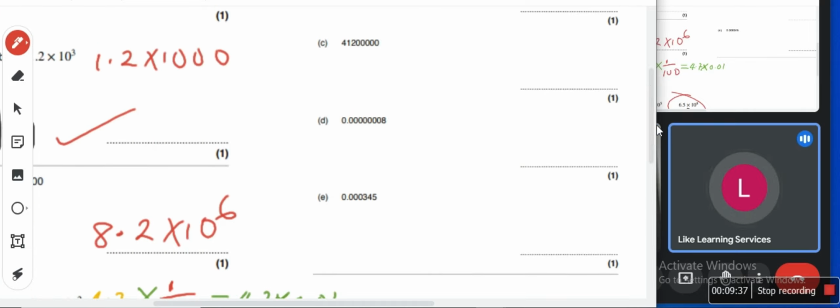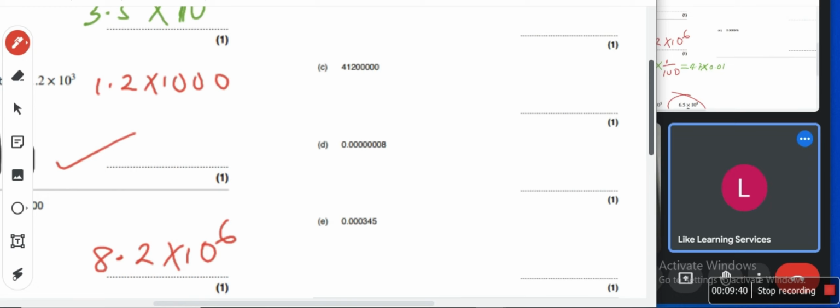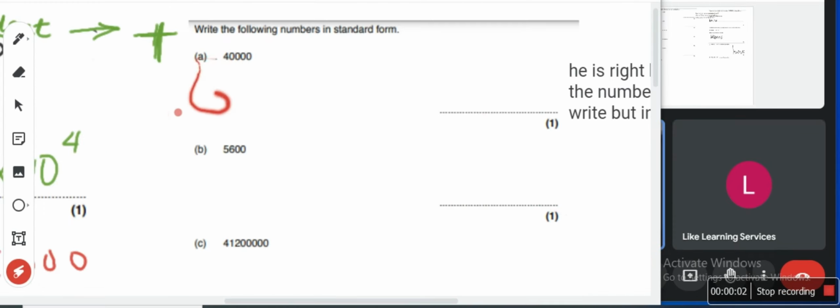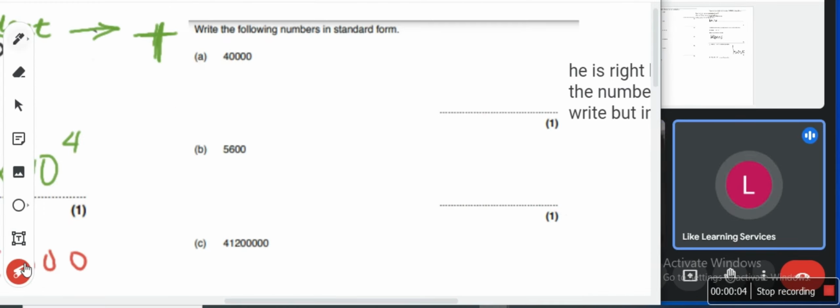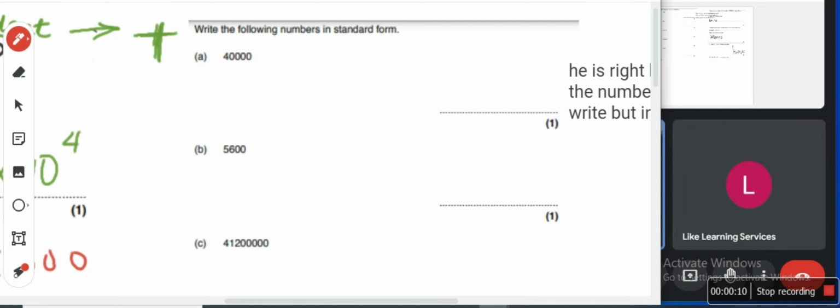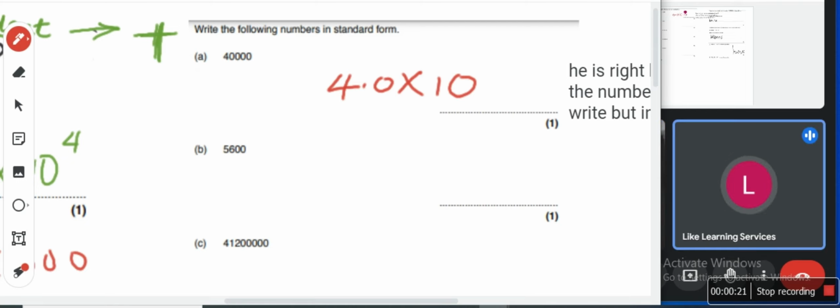Alright, so let's go. You can answer all these ones now. The answer to this one is what? Say it. It's 4.0 times 10 to the power of 4. 1, 2, 3, 4, to the power of 4.